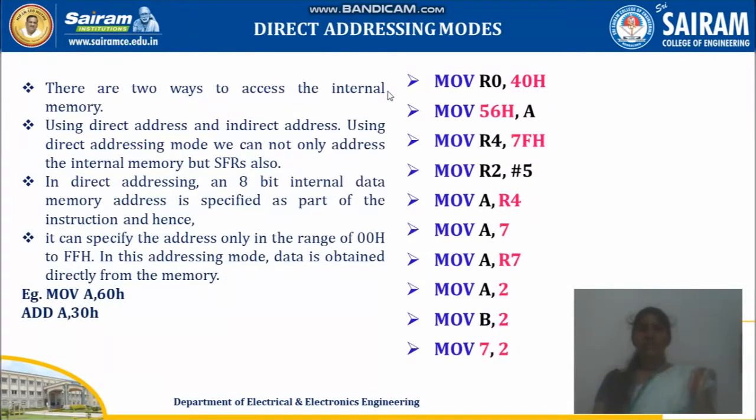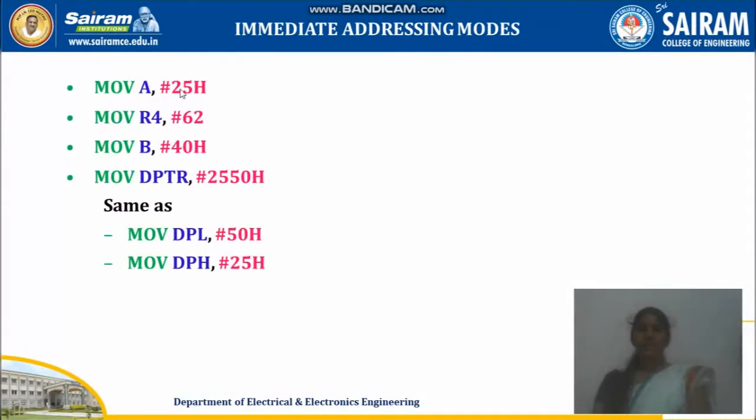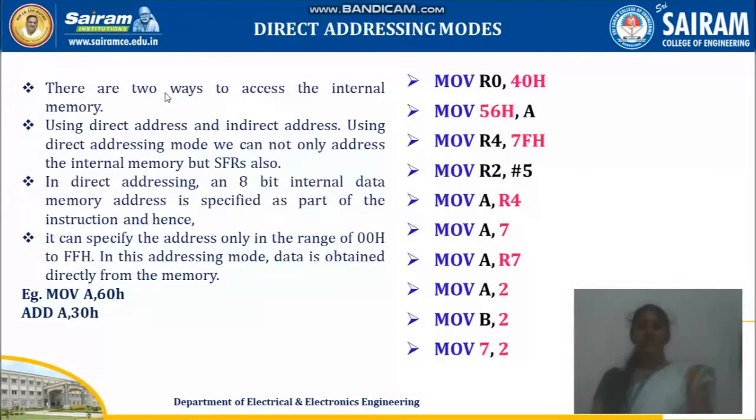Next is direct addressing. Direct addressing means the address is directly present in the instruction. See the difference between direct and immediate addressing. In immediate addressing, the data is followed by the hash symbol; any number followed by hash is data. If you simply write 40H, it is an address.